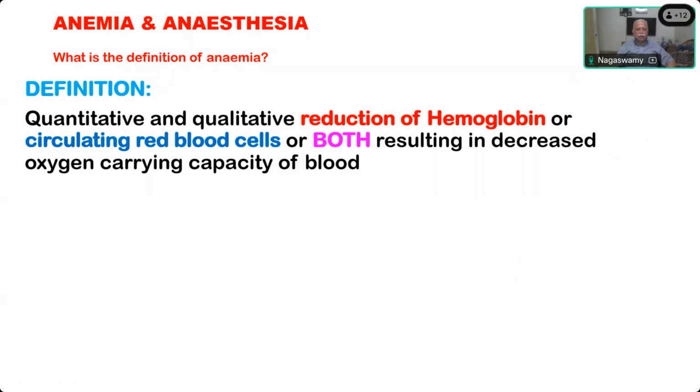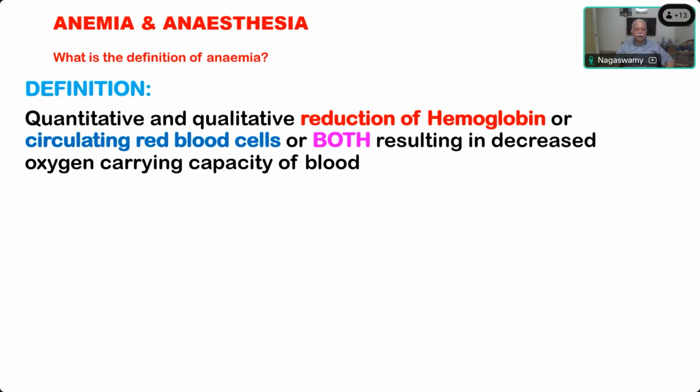Why qualitative reduction? What does that adjective qualitative mean? Which hemoglobin will you call abnormal? Oxygen carrying capacity, sir. That comes under hemoglobinopathies, isn't it? Thalassemia, sickle cell anemia, all these conditions, the hemoglobin is at fault. You agree?